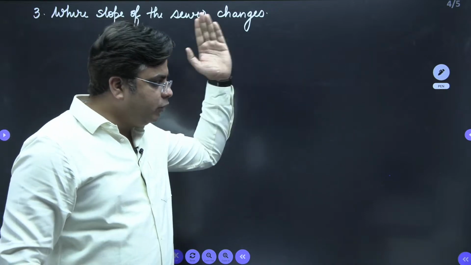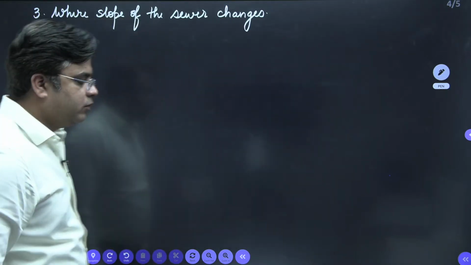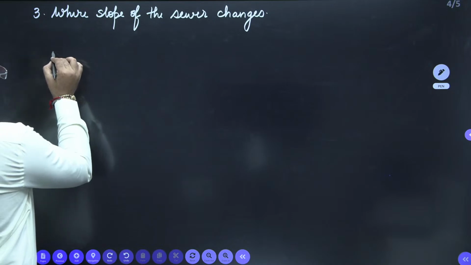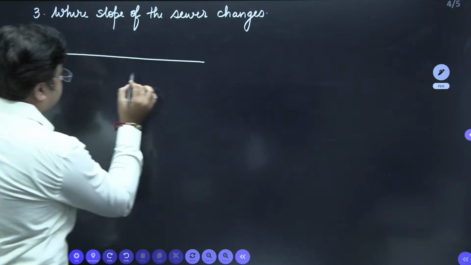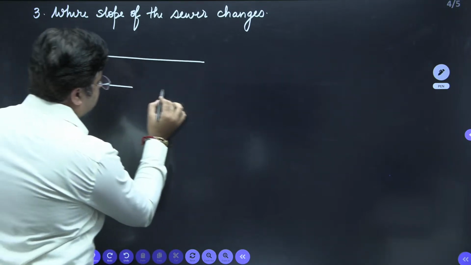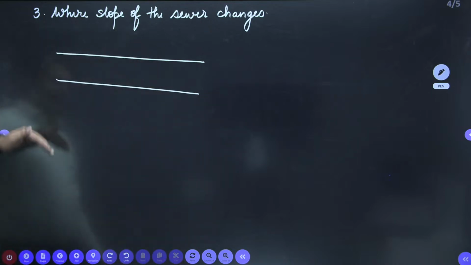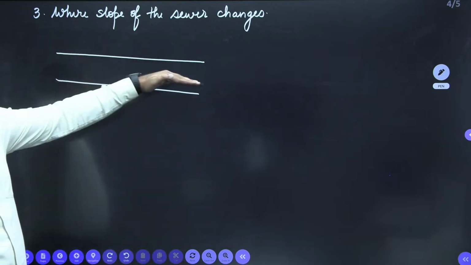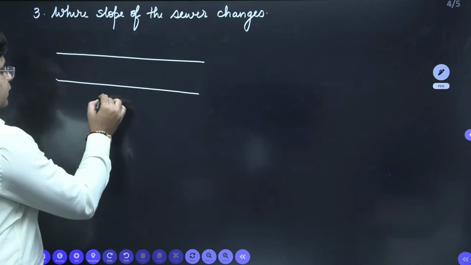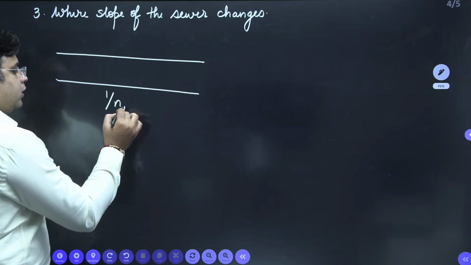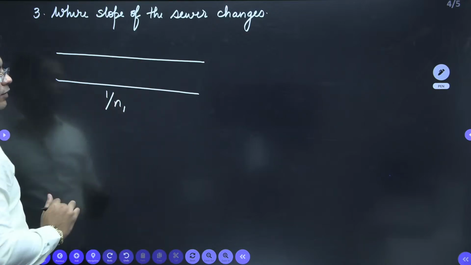So this is how any sewer will look, right? Here you can see there is some slope for the sewer. Say this slope is 1 by N1.